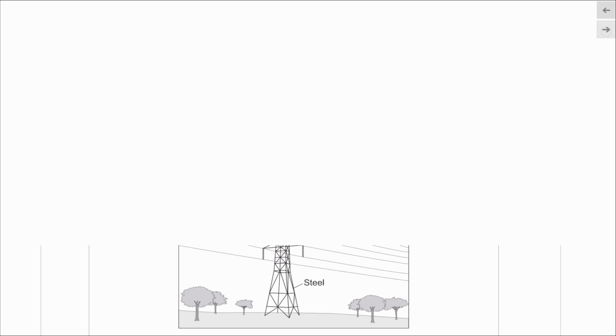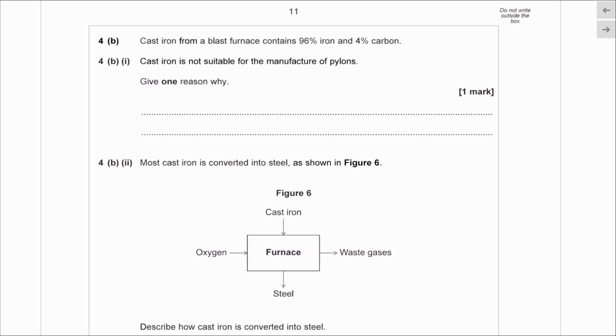Okay, moving on. We've got 4b, and it says that cast iron from a blast furnace contains 96% iron and 4% carbon. Cast iron is not suitable for the manufacture of pylons, and give one reason why. Now, cast iron itself, because of what it's made up of, is not the strongest metal.